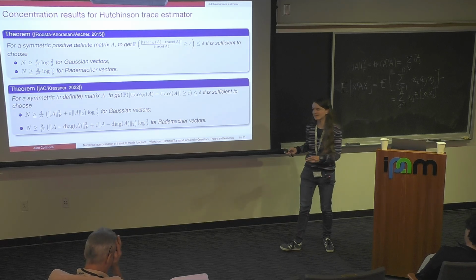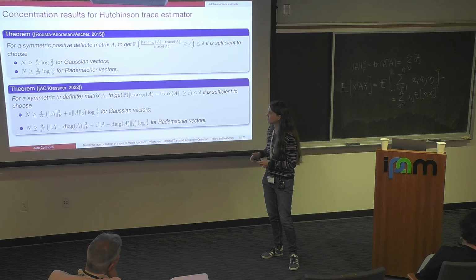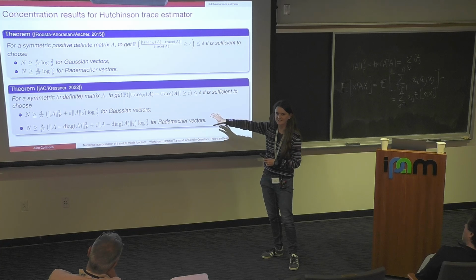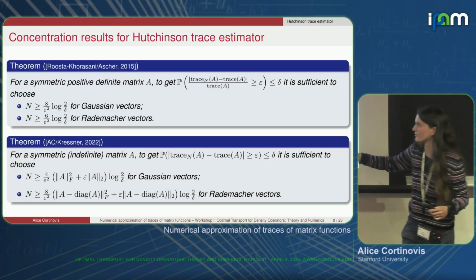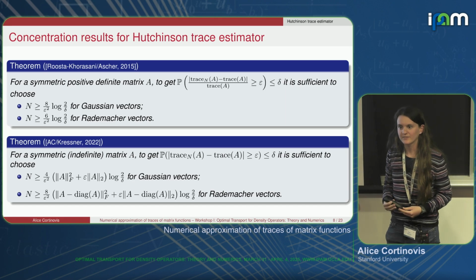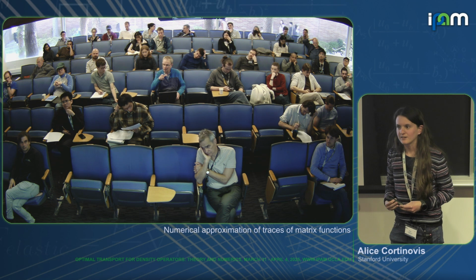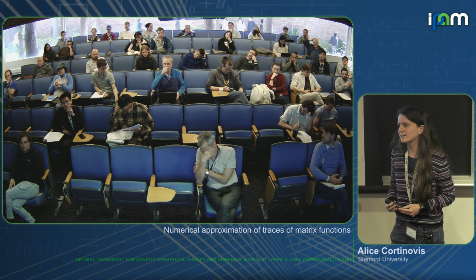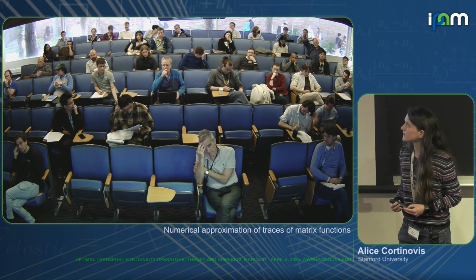The idea is, this is the theory that tells you how many samples you need. This makes sense if your matrix is really large and you want to do maybe 100 samples or something like that. So epsilon and delta are both scaling with the size of the matrix, I guess? No, epsilon is not, but delta, they're intensive, right?